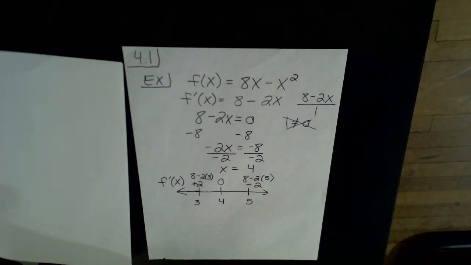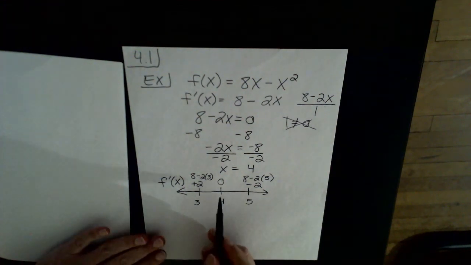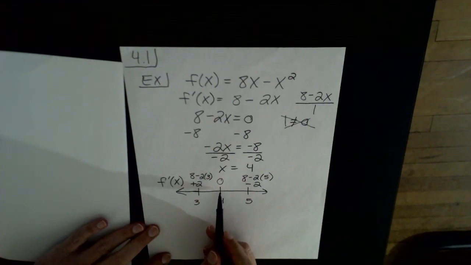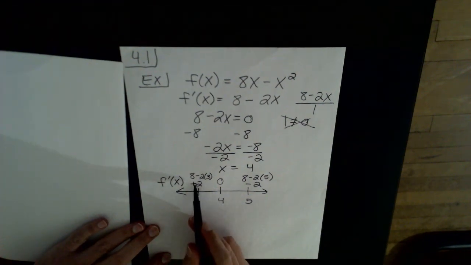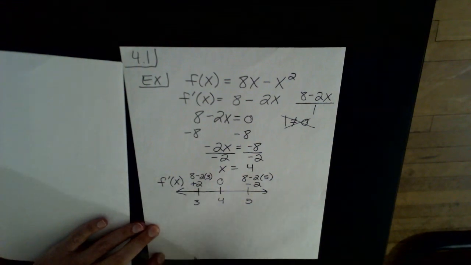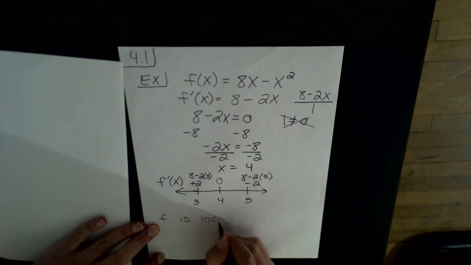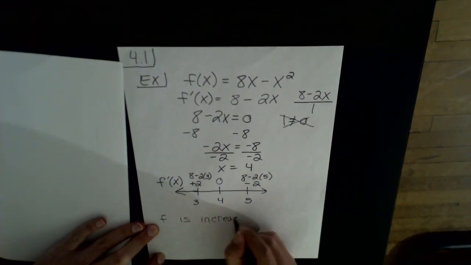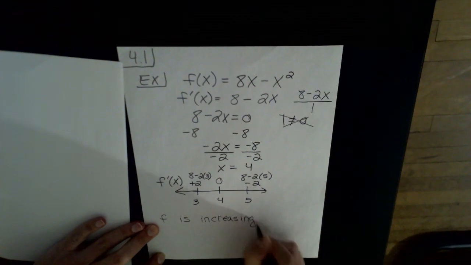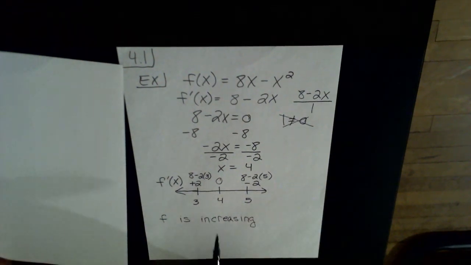That tells us that on the interval containing all numbers to the left of x equals 4, the first derivative will always be positive. So let's think about that. Let's say f is increasing on what interval?